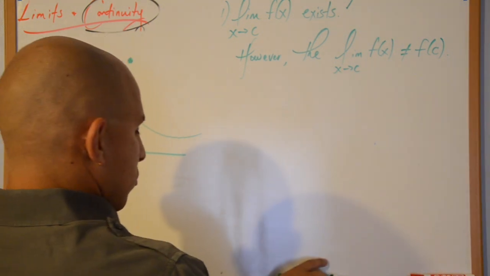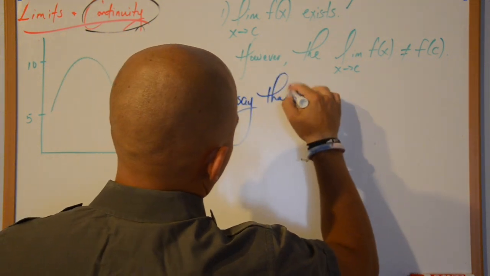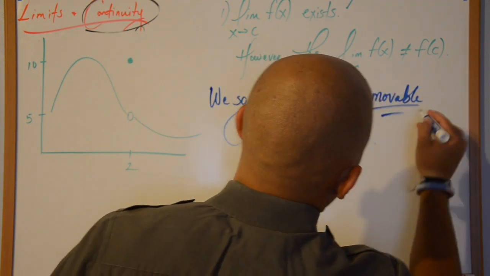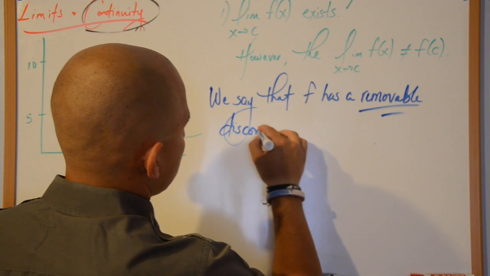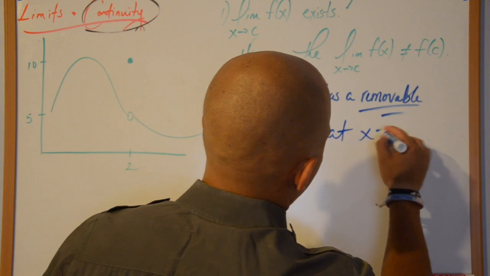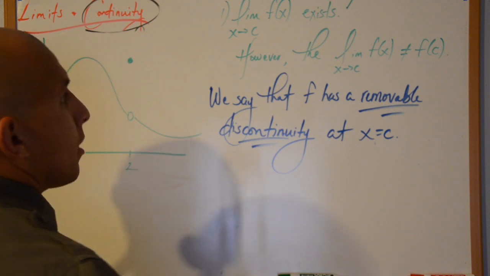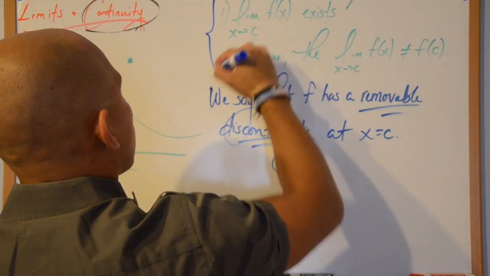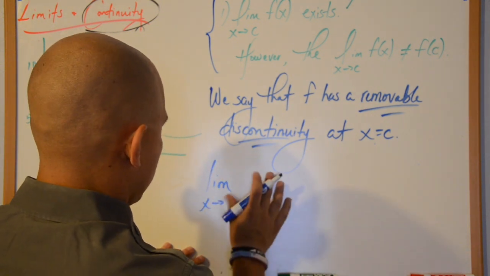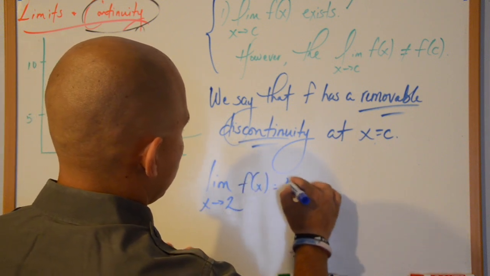So, in blue, we say that f has a removable discontinuity at x equals c. And if we write it out symbolically, the limit as x approaches not c, but 2 of f of x is equal to 5.